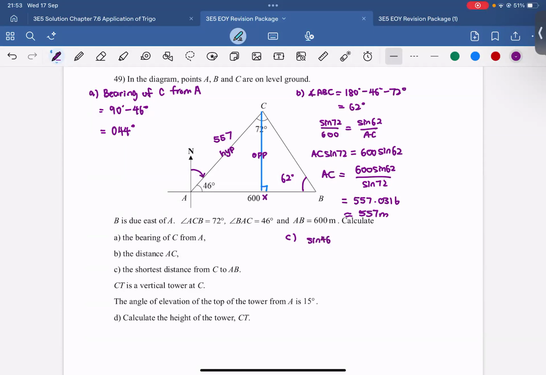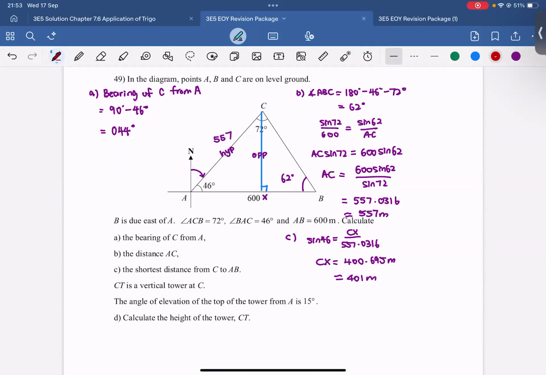Sine 46 equals to CX over my AC, 557.0316. You can use area to find, but this is the most efficient way. If you prefer to do your way, then do your way, it's fine. This straight away gives me 400.695 meter, approximately 401 meter. Which one better? This one.